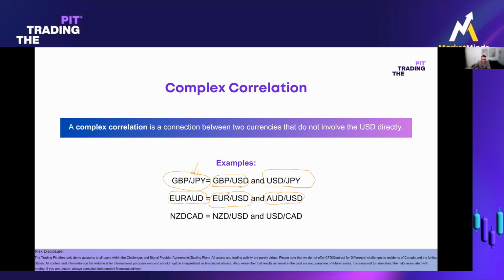So if you check, for example, today, at the current moment, the euro Australian dollar chart moves upwards, okay? And if you check the chart of Euro USD and Australian dollar USD, today the euro has more strength against the US dollar, and the Australian dollar against the US dollar is weaker.